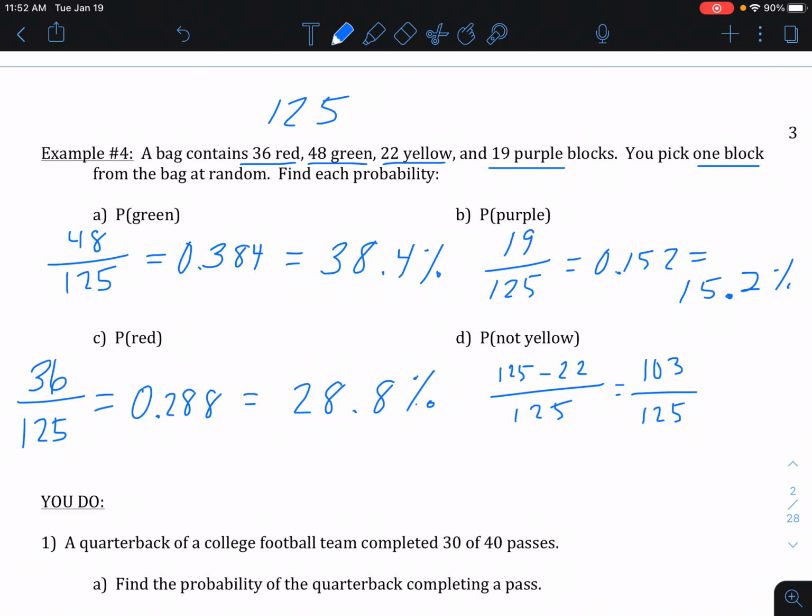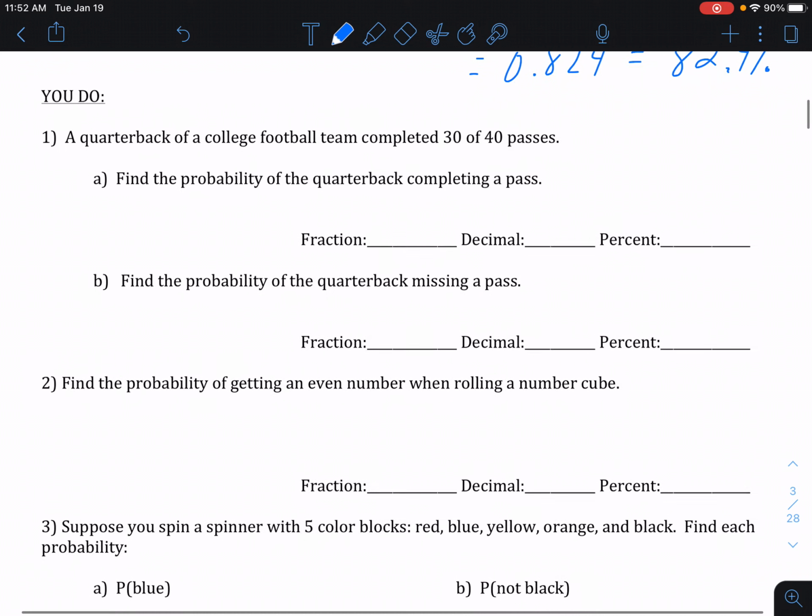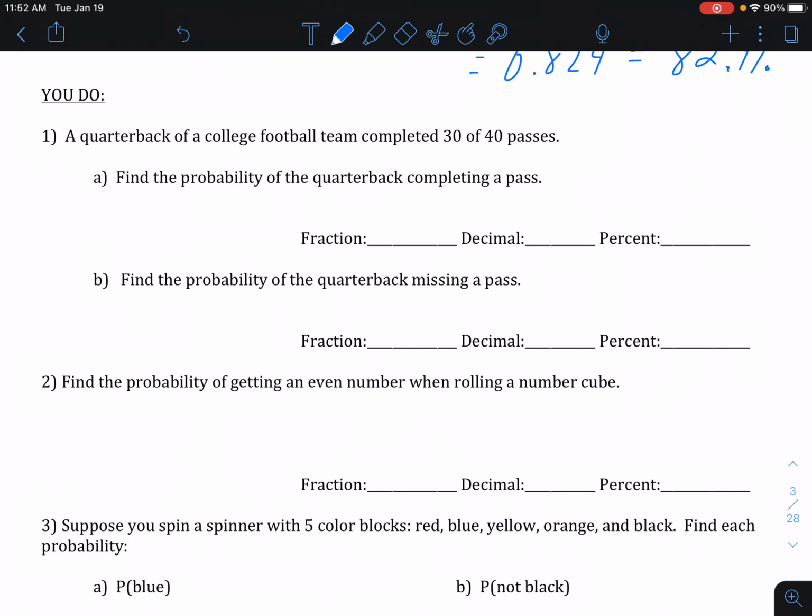So 103 divided by 125 is 0.824. And then a percent would be 82.4%. Okay, pause this, see how it goes on your own.